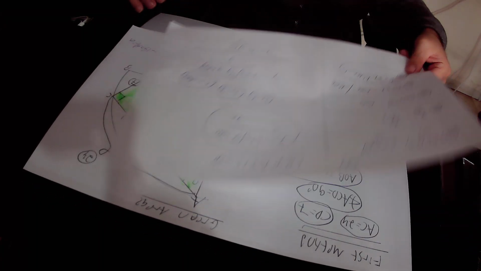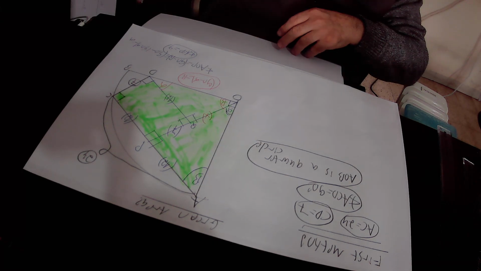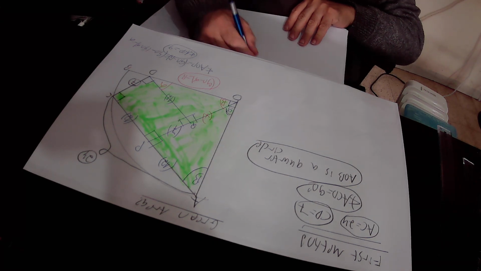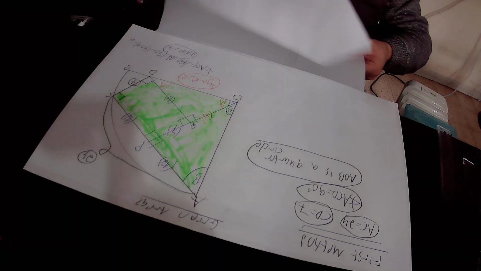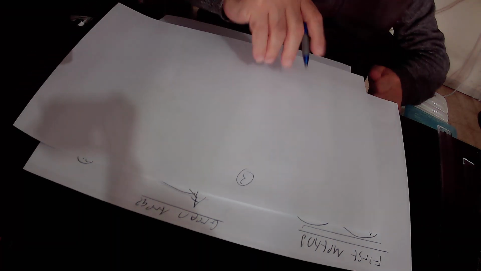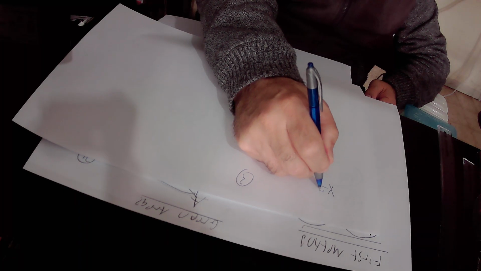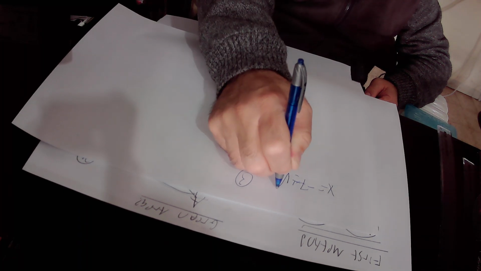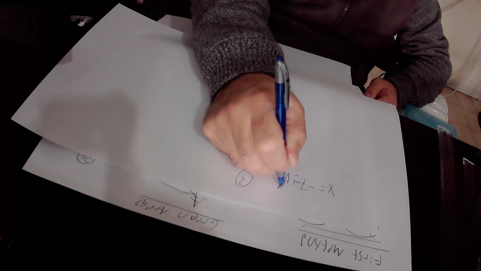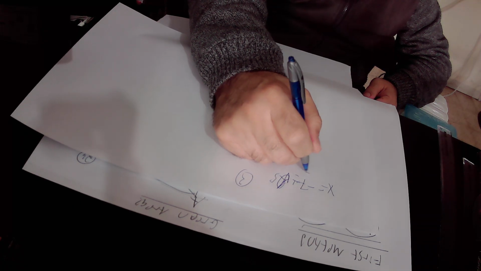Okay, so we found out that x equals minus 7 plus or minus the square root of 625, which is 25, over 2.